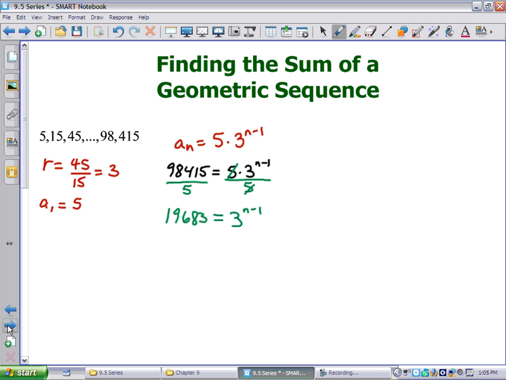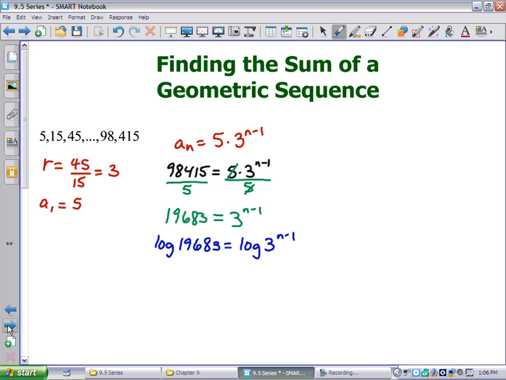If you remember, to undo an exponential, our inverse operation is a logarithm, so I need to take the log of both sides. If you take the log of both sides, I'm going to end up with log of 19,683, and that's going to be equal to the log of 3 raised to the n minus 1 power.